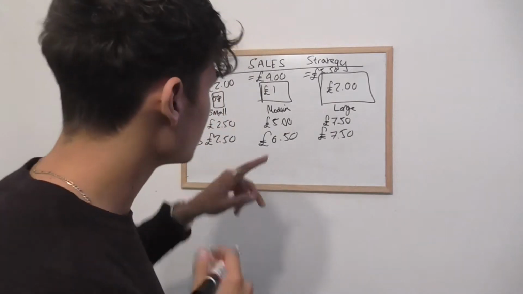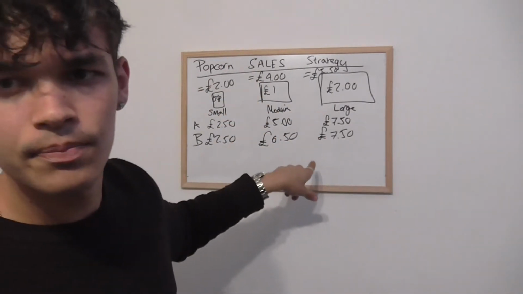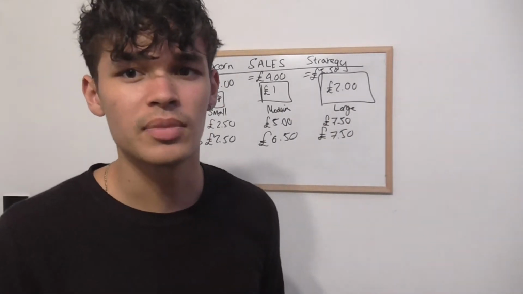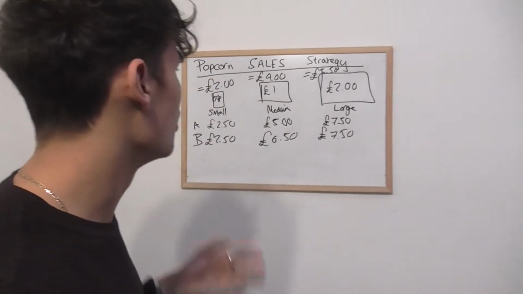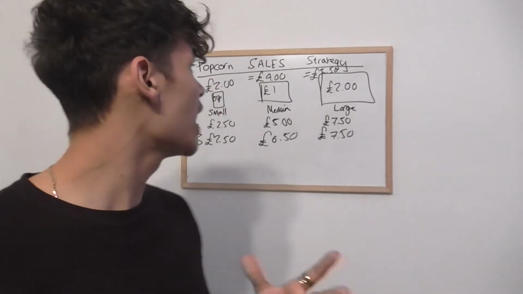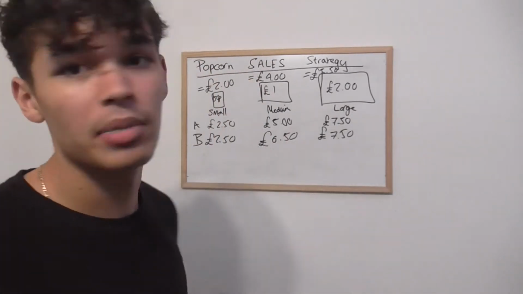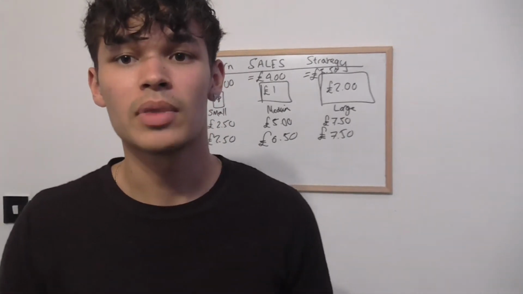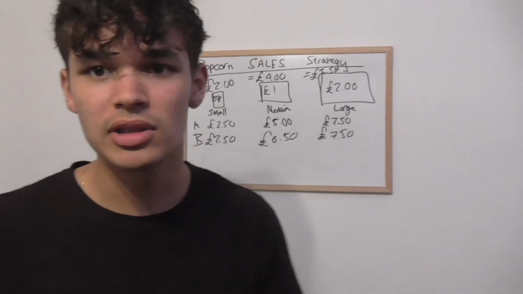Then I think to myself, right, so if the medium bucket's £6.50 and the large bucket's £7.50, that's £1 difference. And then you look at the bucket of popcorn and you see the size difference and you think, for £1 I get all that extra popcorn. Even if I went in there wanting a medium bucket, I believe that I now want the large bucket. Why? Because I think it's better value. I think £1 difference, I get a lot more.